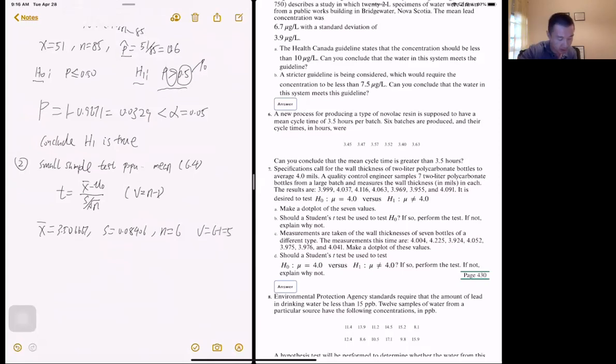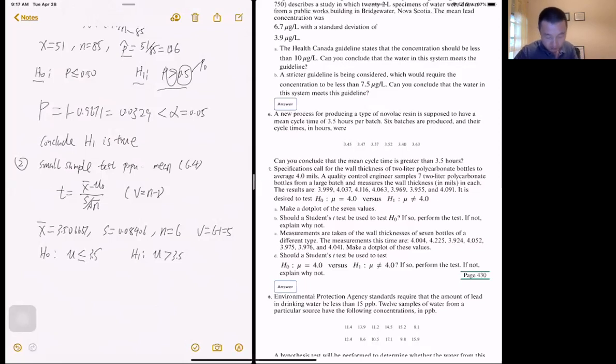Then we set up H0 and H1. Again, whatever the question asks will be H1. Can you conclude that the mean time is greater than 3.5? So H1 will be mu larger than 3.5, and H0 will be mu less than or equal to 3.5.